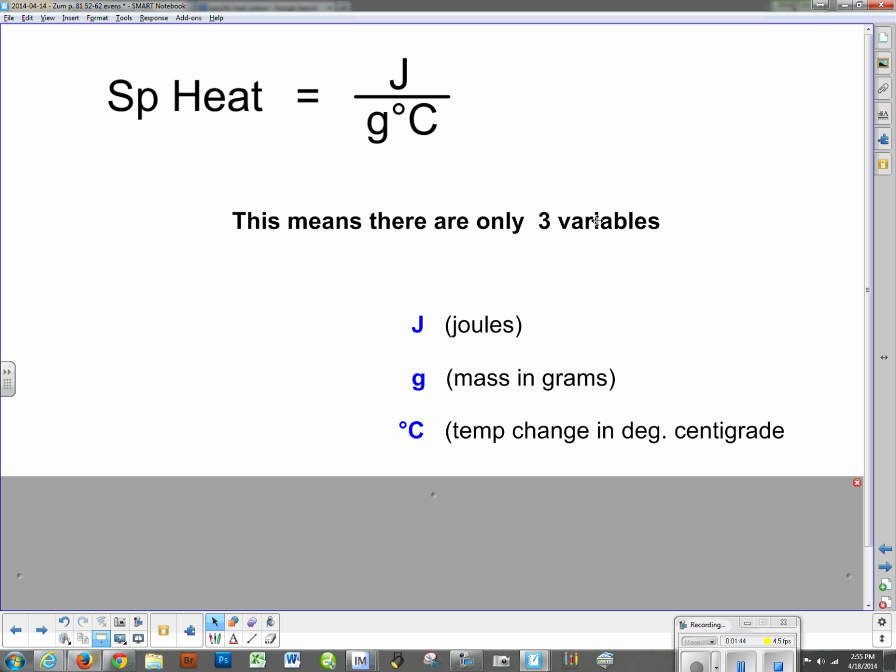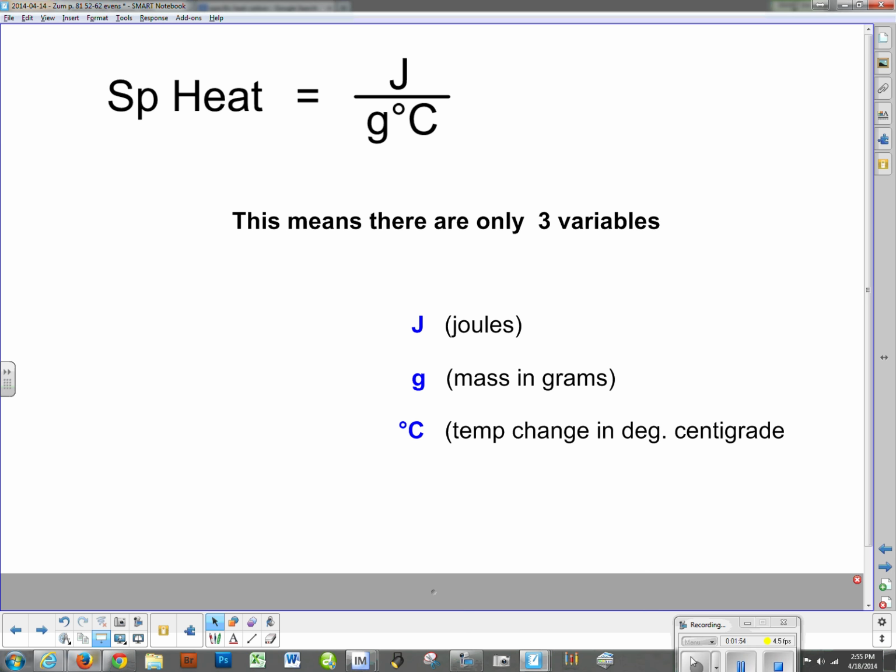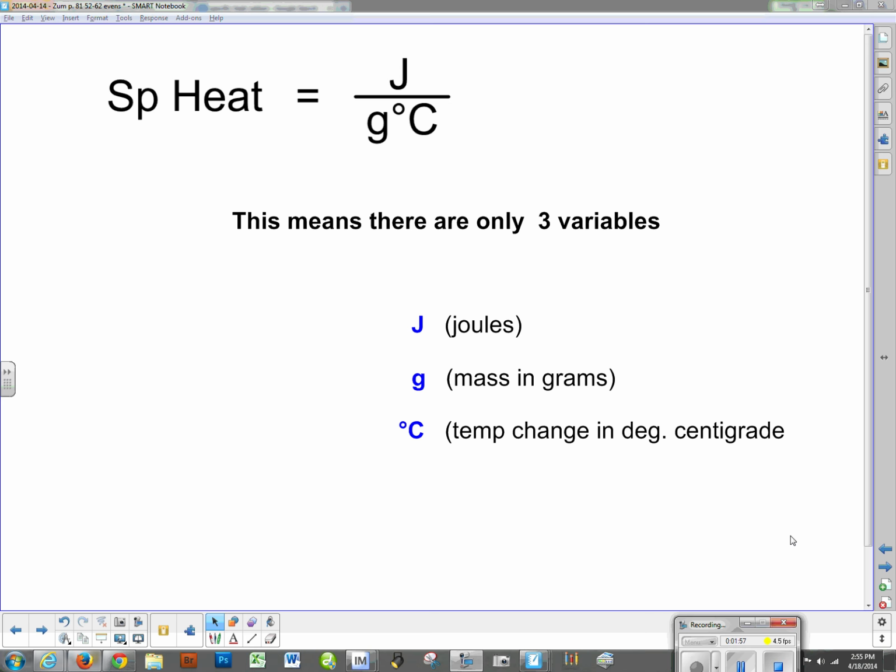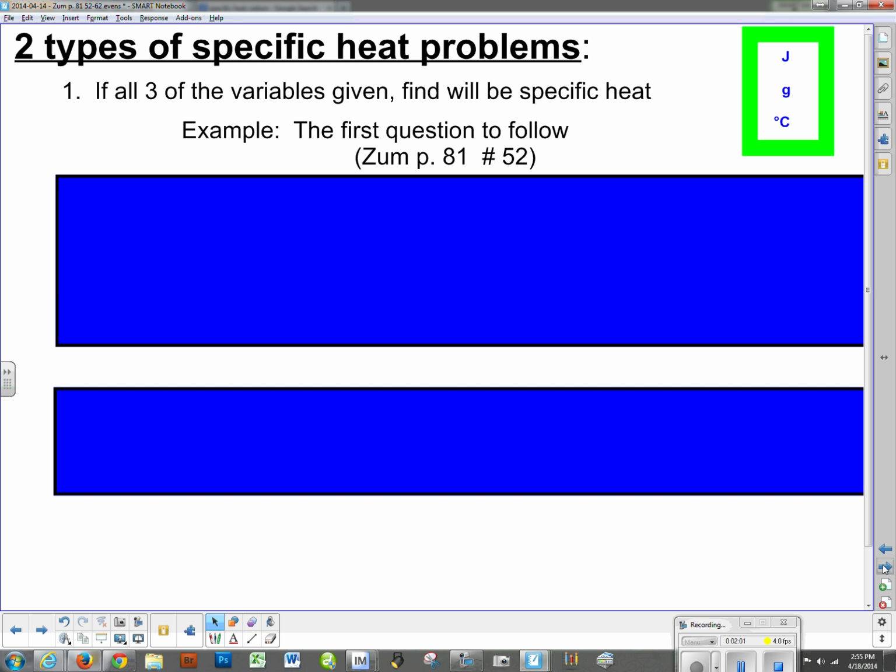For right now, this means that there are only 3 variables: joules, mass in grams, and a degree temperature change. So let's go on and see what that actually means. Let's do the problem types. There's 2 problem types, and I'm going to do a problem type and an example, and another problem type and an example.